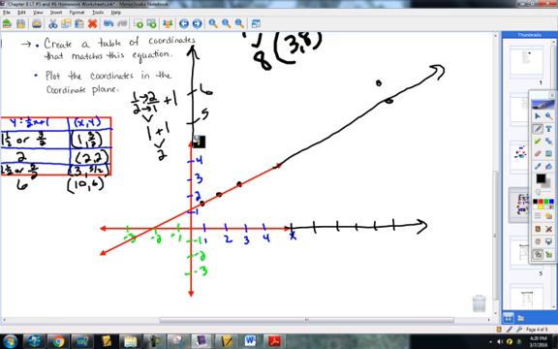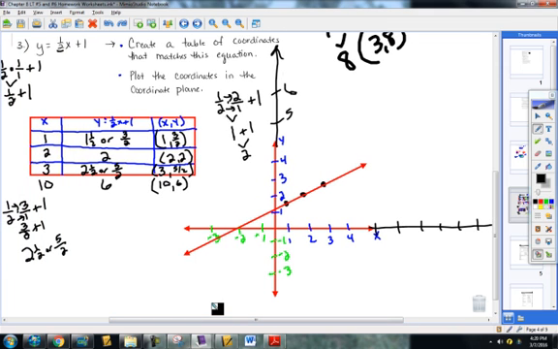Now again, because it's not spaced correctly, it's going to be a little off, but that's the point. A linear equation is going to have an infinite amount of ordered pairs. And if it falls on that line, that x will make that y. So that's basically what you're looking at here.